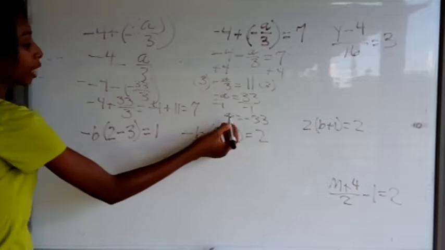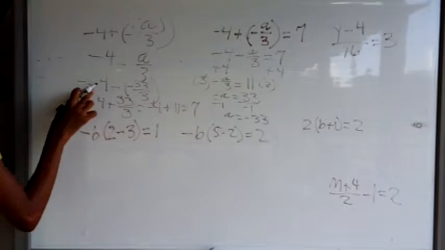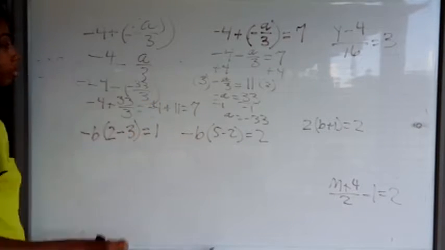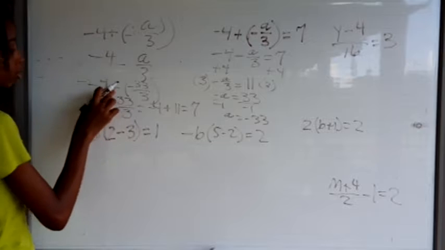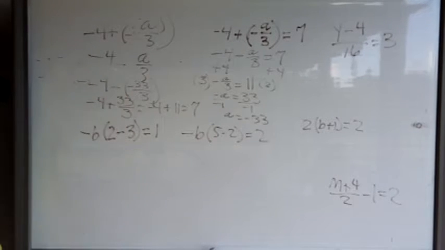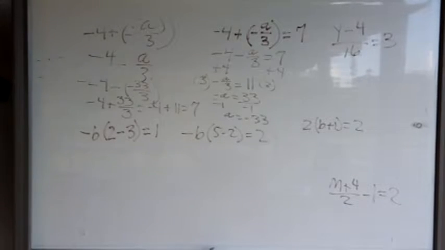When we plug in our a as negative 33, this minus doesn't count for that. So we're at negative 4 minus negative 33 over 3. Subtracting a negative is like adding. So it's negative 4 plus 33 over 3, which is negative 4 plus 11, which equals positive 7, which was correct.